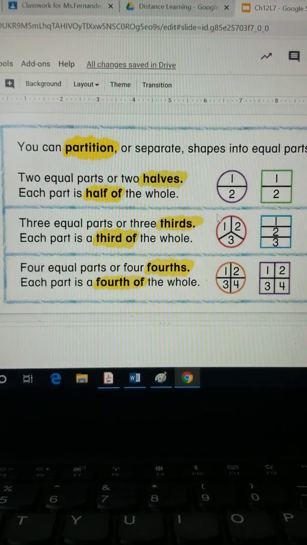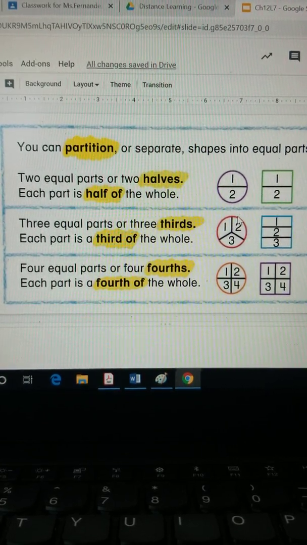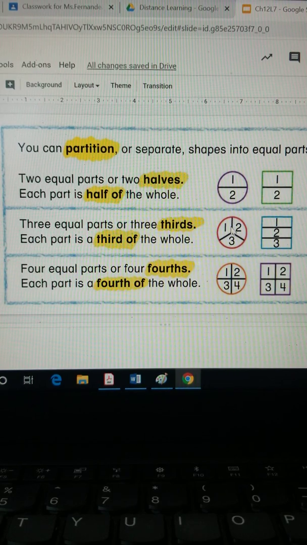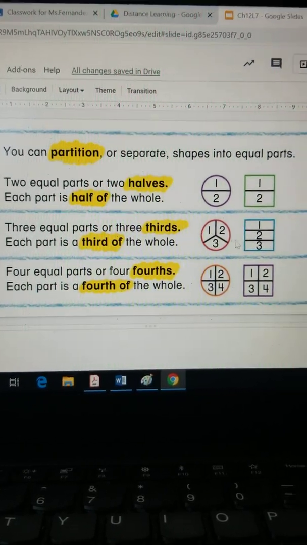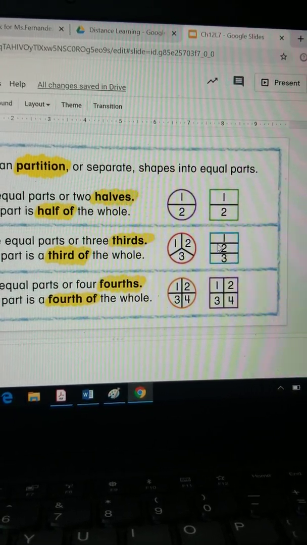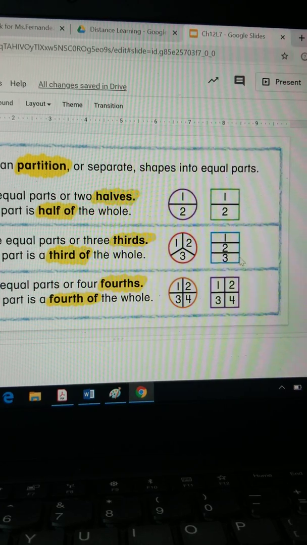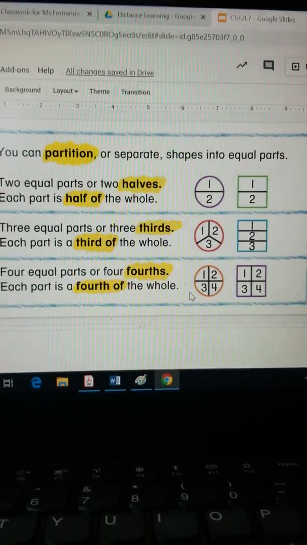So if we have a circle, this would be the whole. If I tell you to cut it into thirds, you make it into three equal parts. It's a little easier with a square because you can just make three straight lines, but it's doable every way.